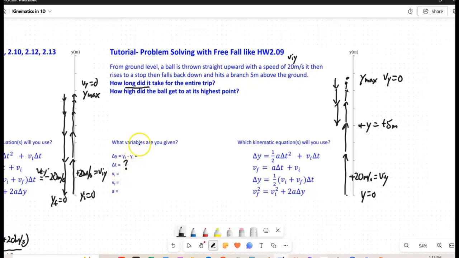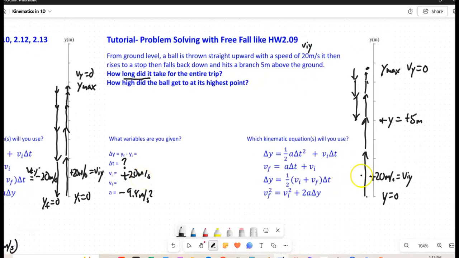Okay. We know the initial velocity in the y direction is going to be positive 20 meters per second. We know gravity is negative 9.8 meters per second squared. And we know the displacement, because it's only going from here. Yes, it's coming all the way top and coming back down here, but its displacement goes from here to here, right?